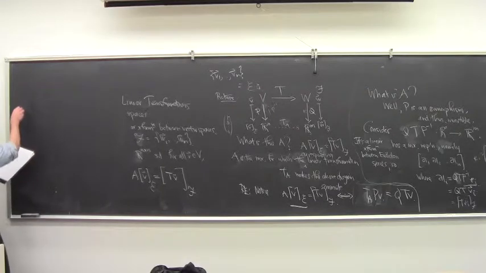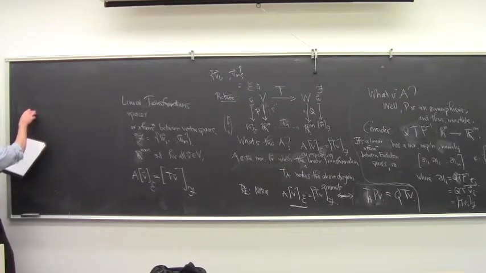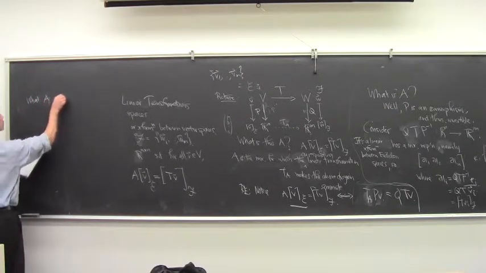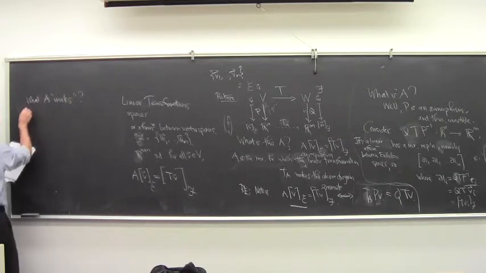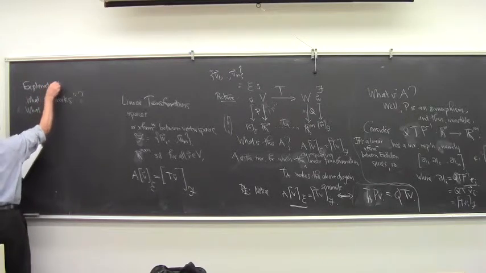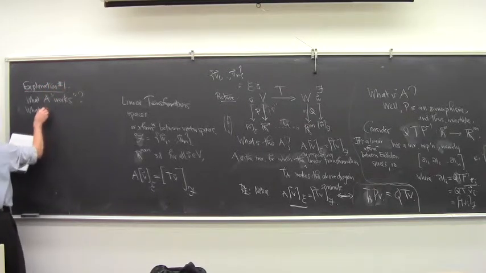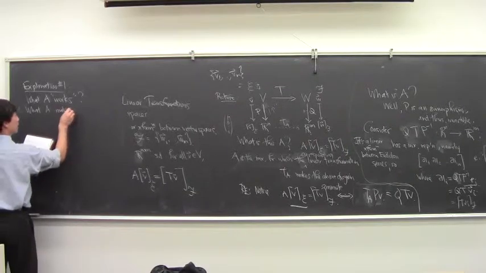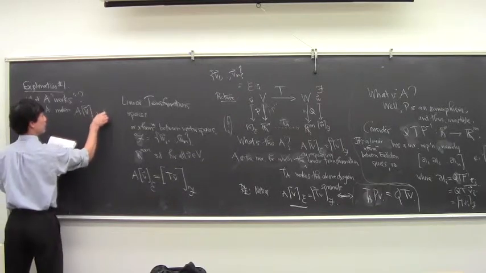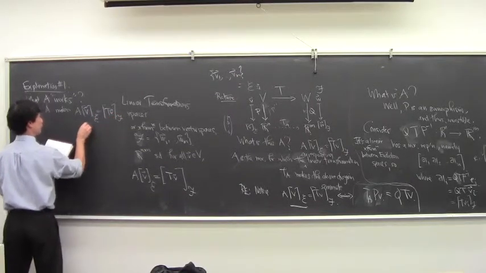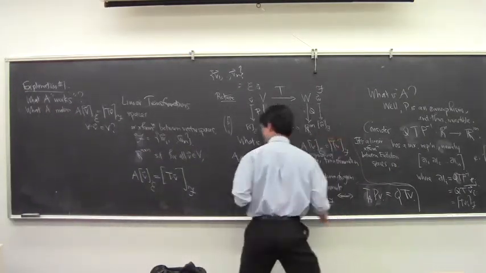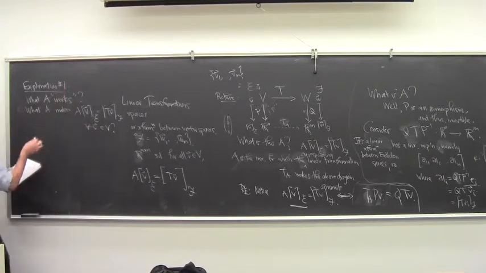So, what A does is that A makes [V]_E equal to [T(V)]_F for all V. And so here's what we're going to guess.